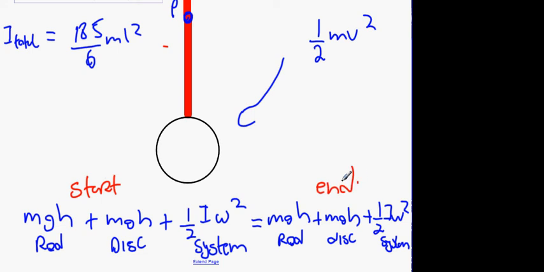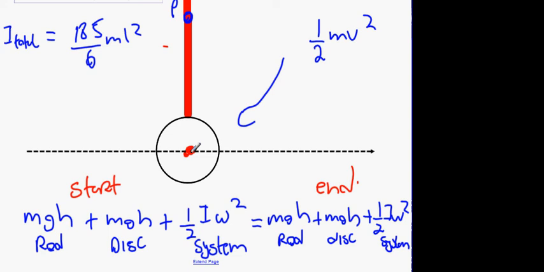Now, the next thing you've got to do is pick a point that has no potential energy. You can do it at the bottom of the circle, or through the center of the circle. To keep things simple, I'm going to go through the centre of the circle. But you might want to try this later, doing it from the bottom of the circle, and make sure you get the same answer.